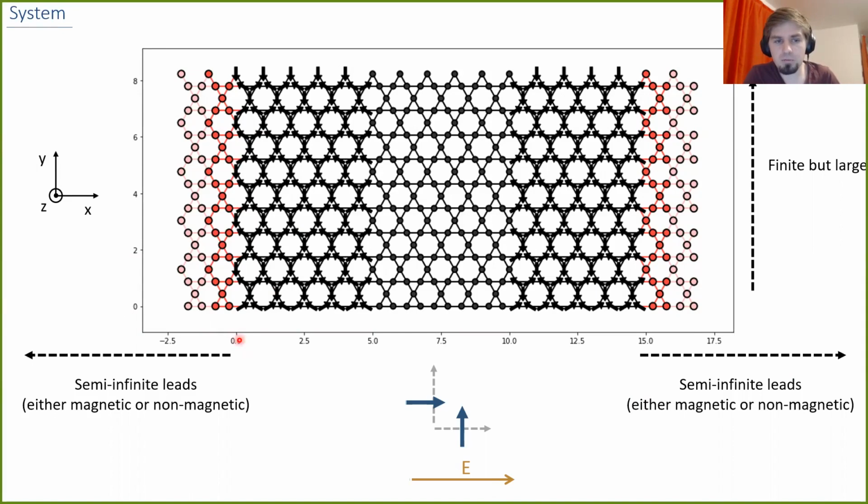The left lead is semi-infinite in this direction, the right lead in the other direction, and they are perfectly periodic. Transport is calculated by matching the incoming wave functions with the outgoing wave functions. It's basically a scattering problem. This area is the scattering region where we can add the disorder. When we add disorder, we average over a lot of calculations so that we get reasonable results.